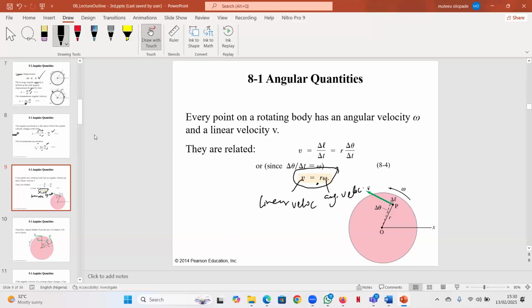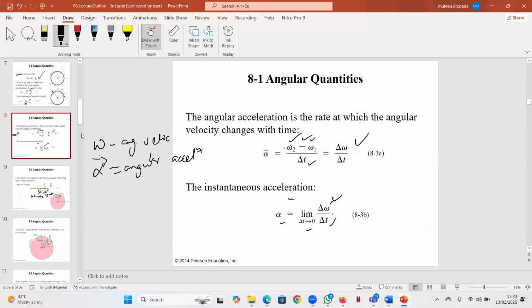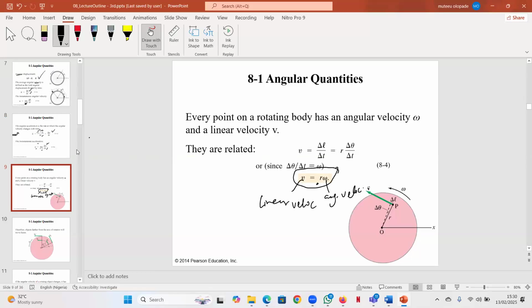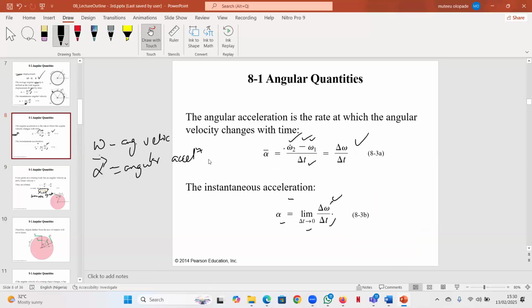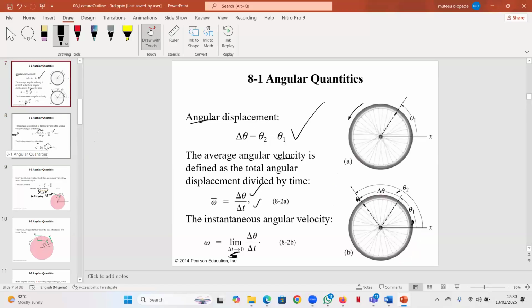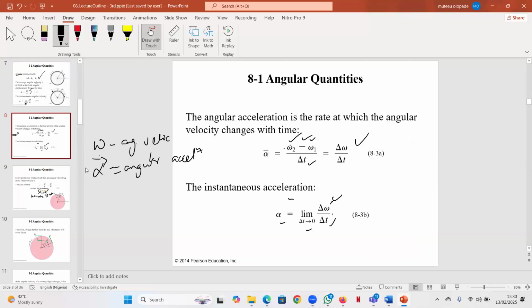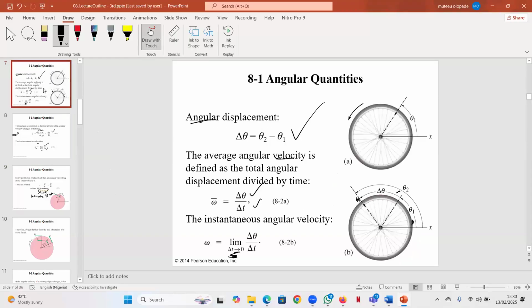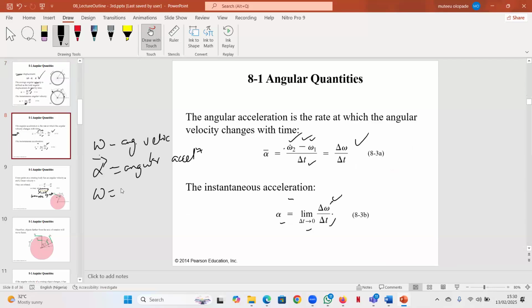So take note, we have been able to do two things. One is the angular displacement, which is given as theta. Angular velocity will be given as the change in angular displacement divided by time.